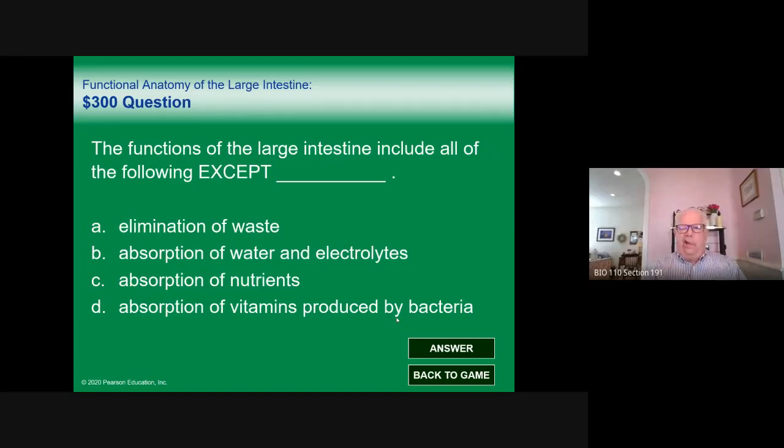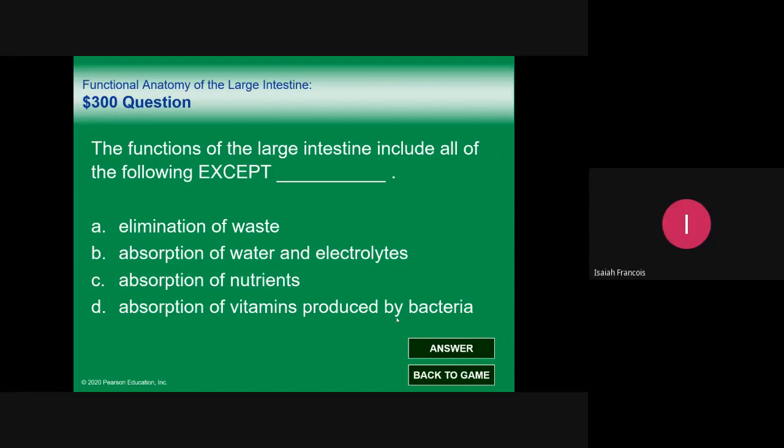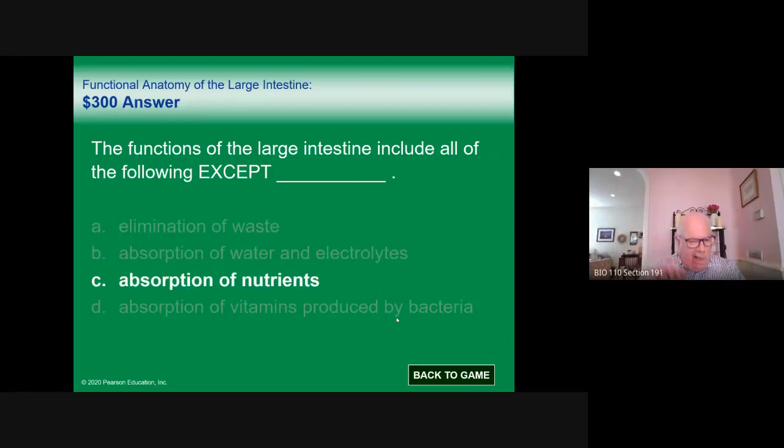The functions of the large intestine include all of the following except. Is it C? Yes, it is C. You are correct.